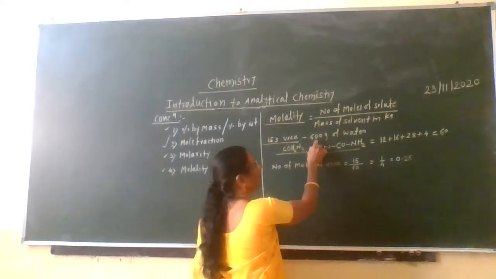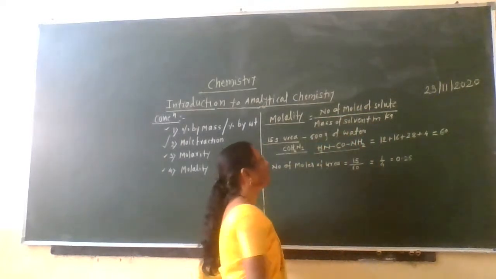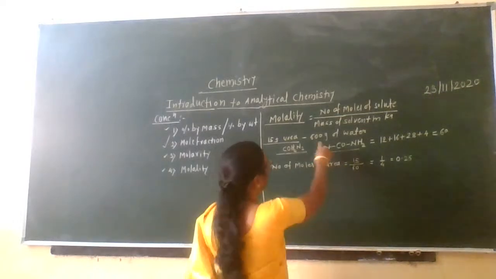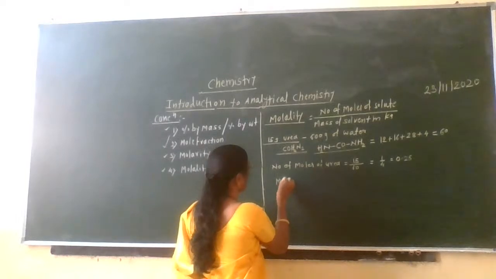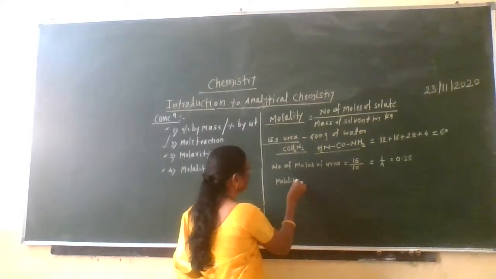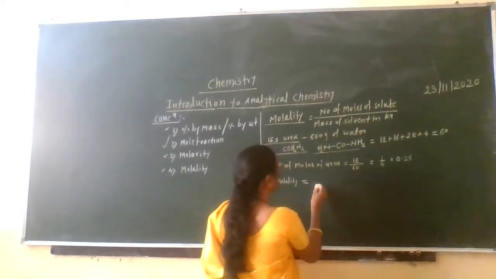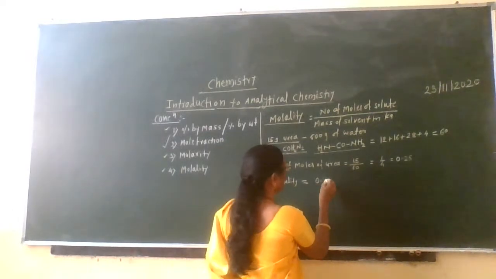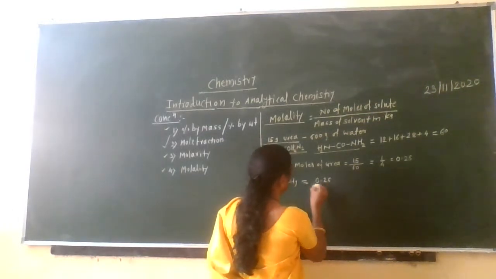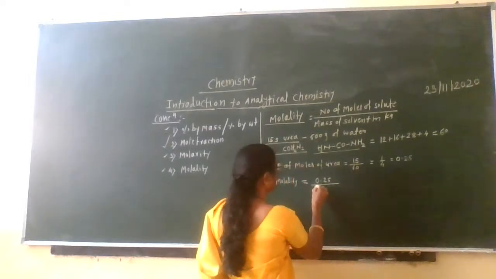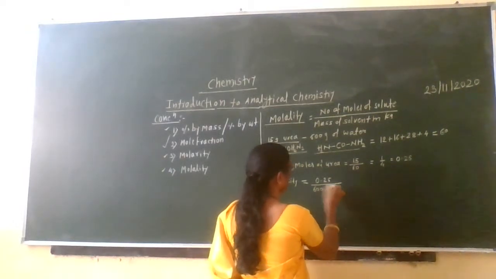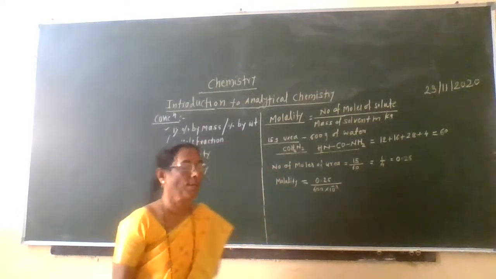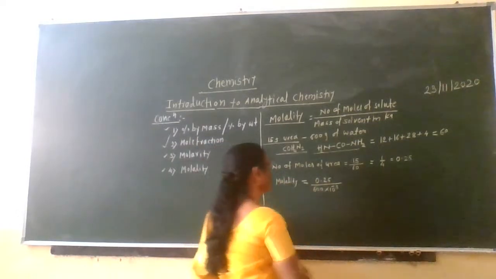Here mass of solvent is given as 600 gram but we convert it to kilogram. Therefore molality becomes number of moles 0.25 divided by 600 multiplied by 10 raised to minus 3. Why so? Because the solvent mass must be in kilogram. Therefore, here 10 raised to minus 3.